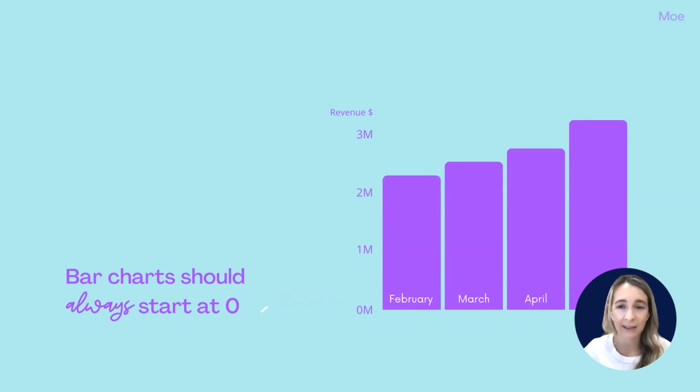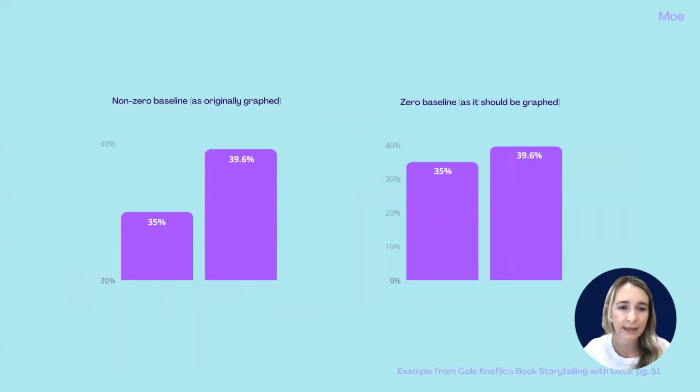Now, thankfully, Canva does this by default, so it's pretty hard to make this mistake in Canva, but just in case you're making charts in any other tools, I'll explain why. So this is an example from Cole Knaflic's book that was actually shared during one of the US elections.